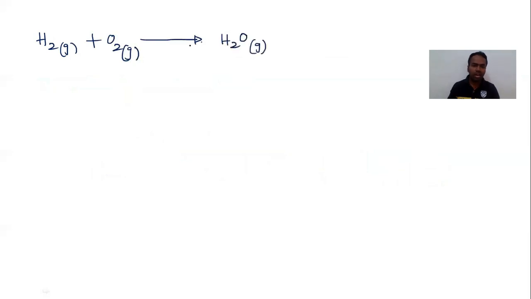But I carried out this reaction at conditions more than room temperature, around more than 100 degrees centigrade. That's why the physical state of H2O is gas. So this is the chemical reaction, formation of water. Here H2 gas reacts with O2 gas to form H2O.